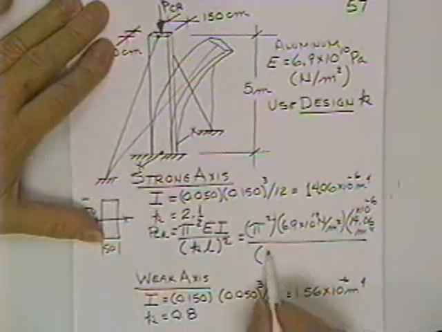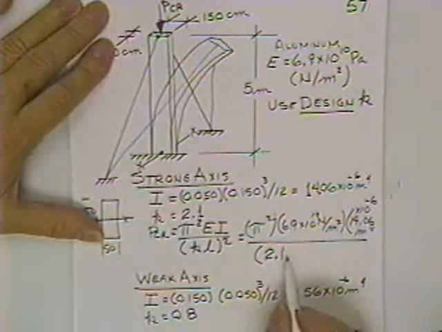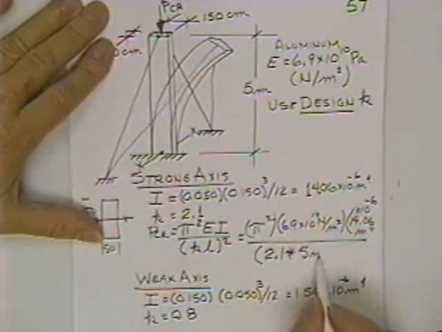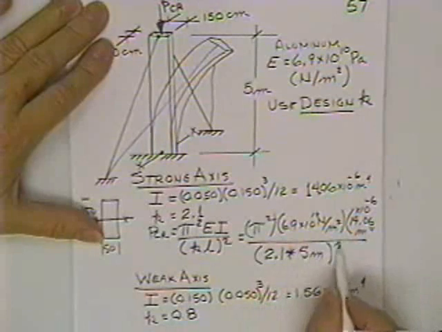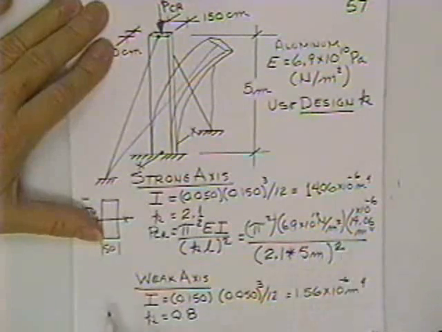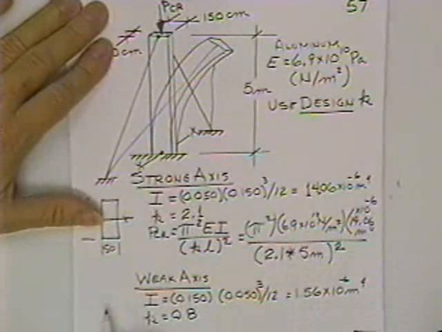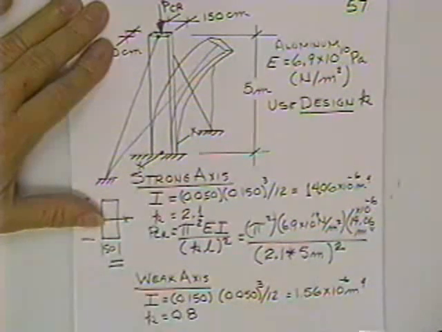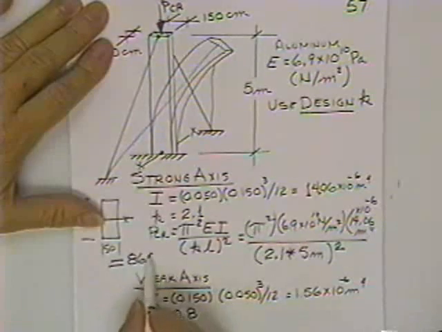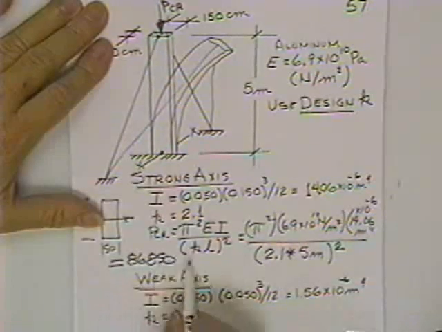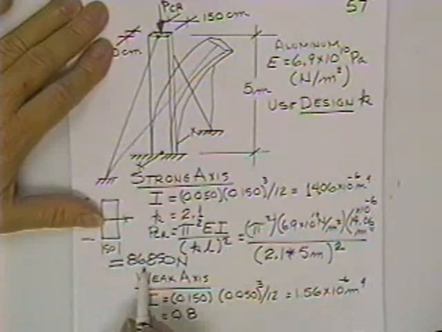The whole mess is divided by 2.1 times the true length, 5 meters, and then squared. So to buckle about the strong axis, we'll take a load of 86,850 newtons of force. Probably be better to say 86 kilonewtons.